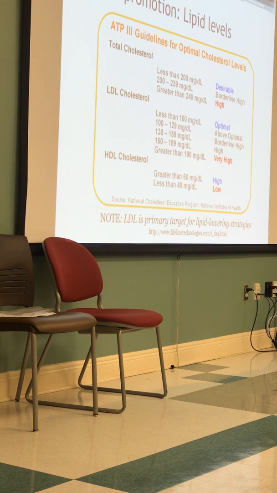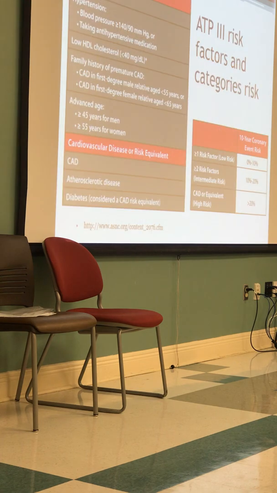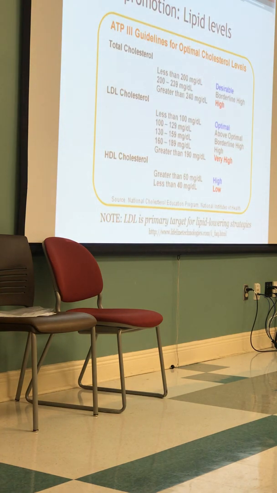High density lipoproteins, or healthy density lipoproteins, I like to call them. Remember, for women, we need to have a higher level. So for women, we need to be greater than 50, for men, greater than 40. For women, men are different, right?